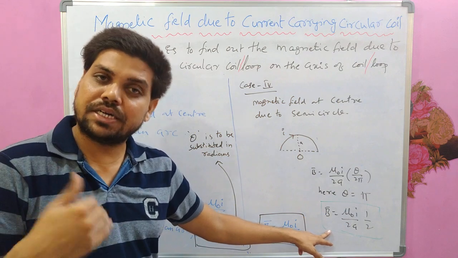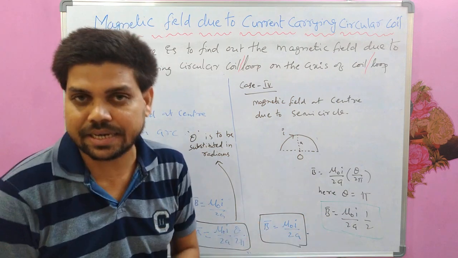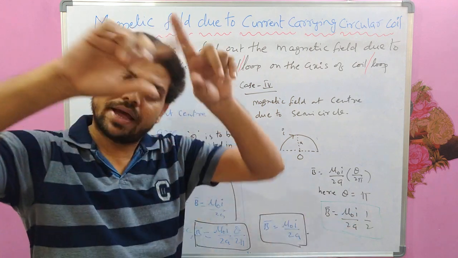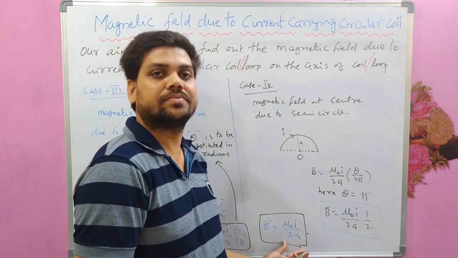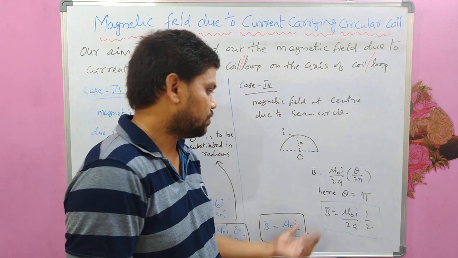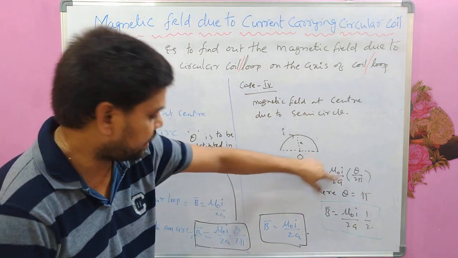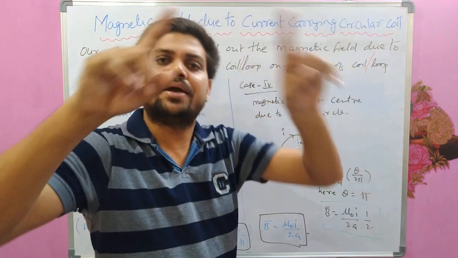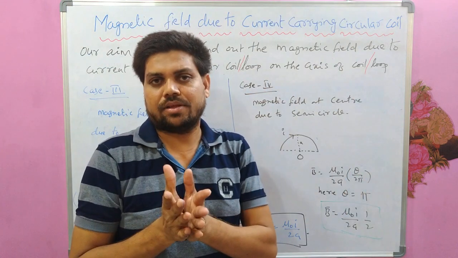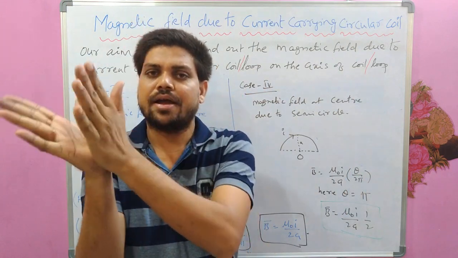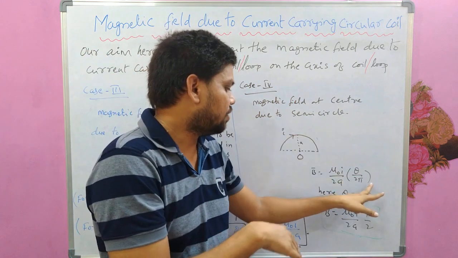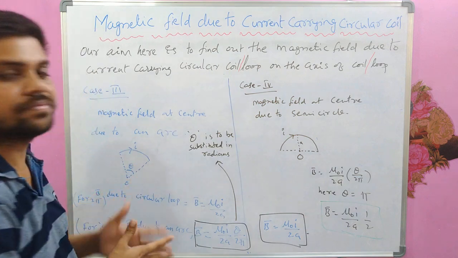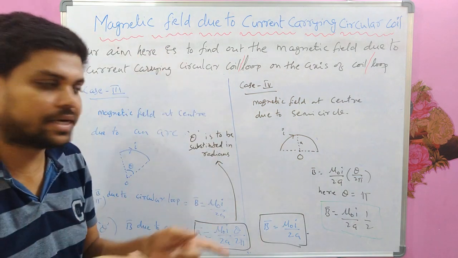The magnetic field due to a semicircle at the center is half of the magnetic field produced by a current carrying coil, that is this. So this is the general formula: mu naught I by 2A, theta by 2 pi, can be used for any part of this circular coil. Depending on the theta, we can have different formulas like this for a semicircle, for an arc, for the entire circular coil.